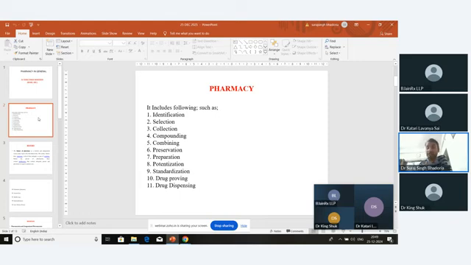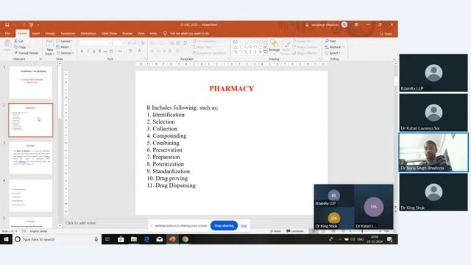Preservation doesn't mean only keeping the drug inside a bottle or some container. While preserving, the medicinal property, the physical property, the chemical property and the therapeutic value should not be altered, modified or changed. This is the major objective of preservation.